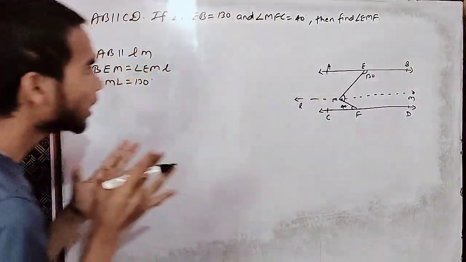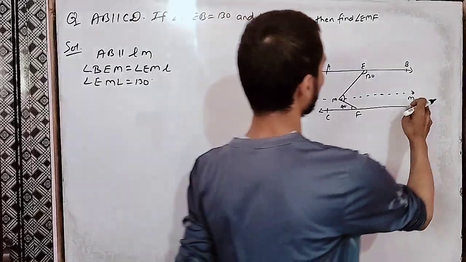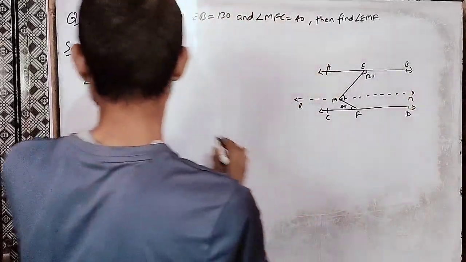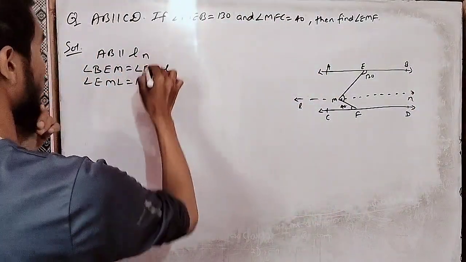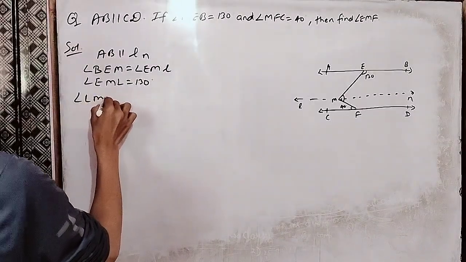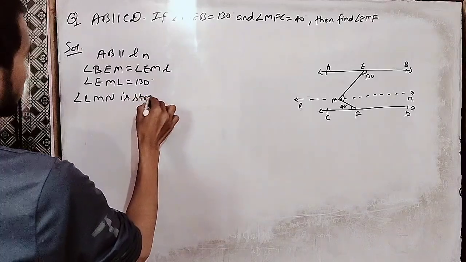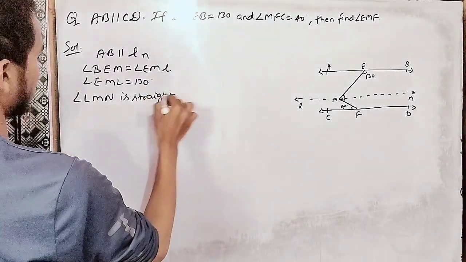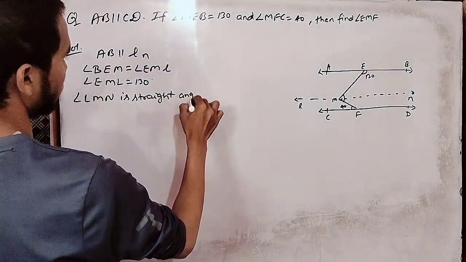Now we have L, M, N, which is a straight angle.